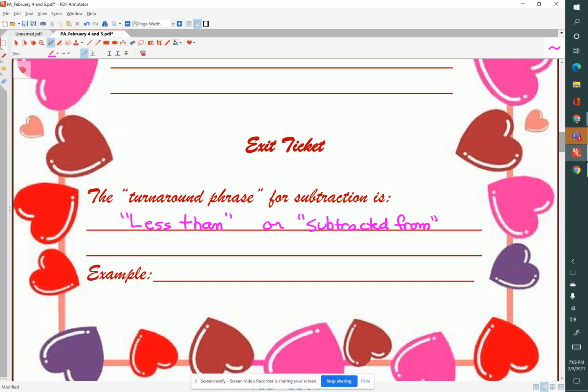So let's use the example 7 subtracted from a number, which would be x minus 7.